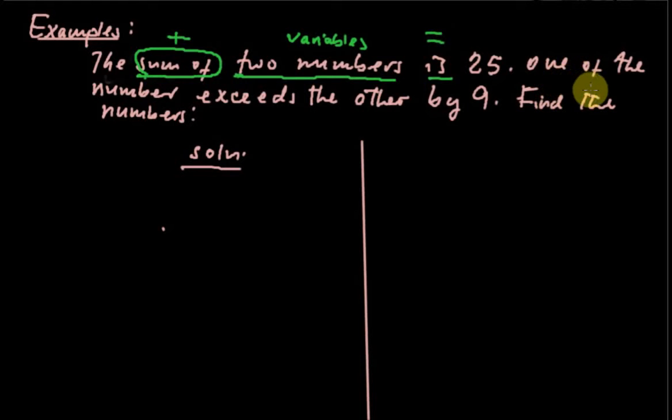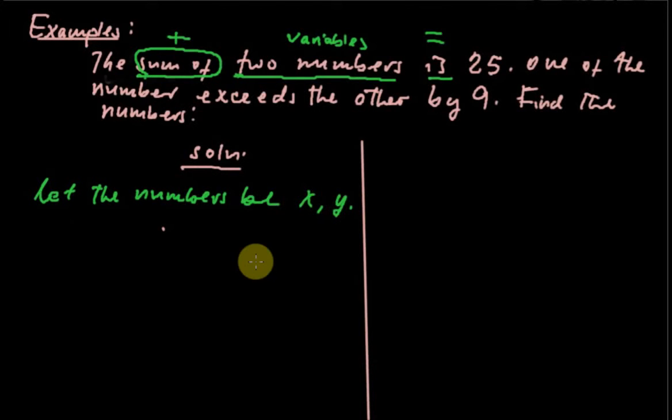Now it went further and said one of the numbers exceeds the other by 9. So first say let the numbers be x and y. These are the numbers.